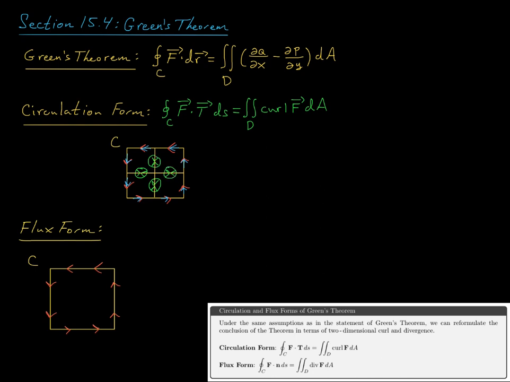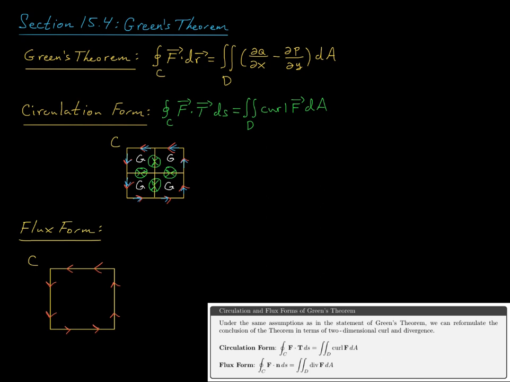So what I'm saying here is that by looking at the circulation of our field along each one of these little subsquares, what we're really seeing is that we're just going to see the contributions on the boundary as the things that are actually going to in net contribute.